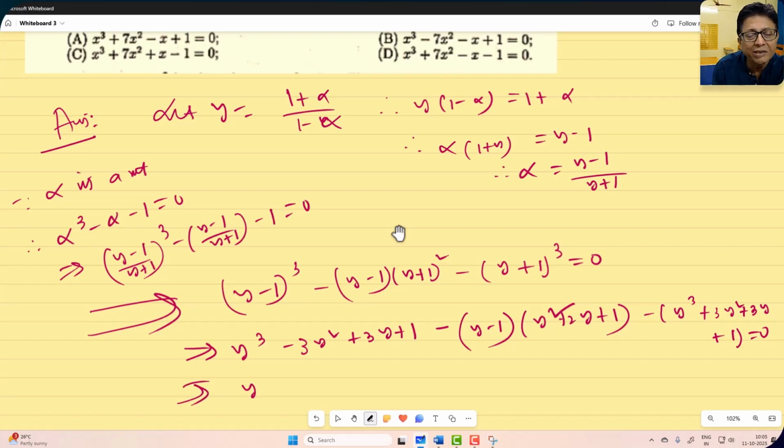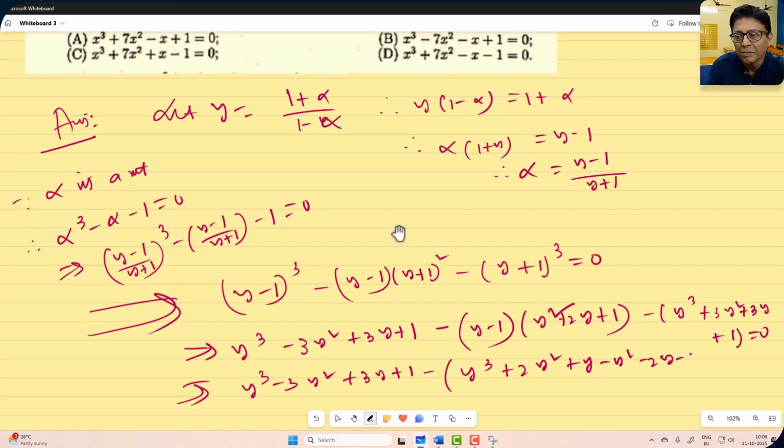So just multiply: y cube plus 2y square plus y minus y square minus y cube, minus 3y square minus 3y minus 1, equal to 0.